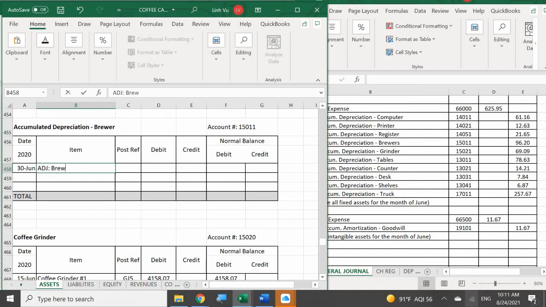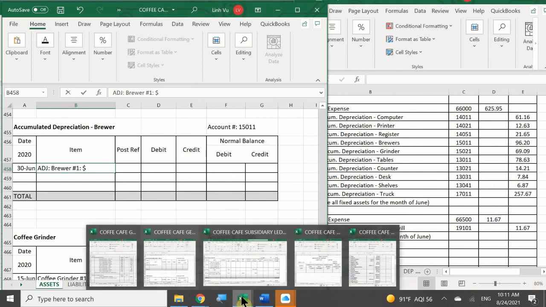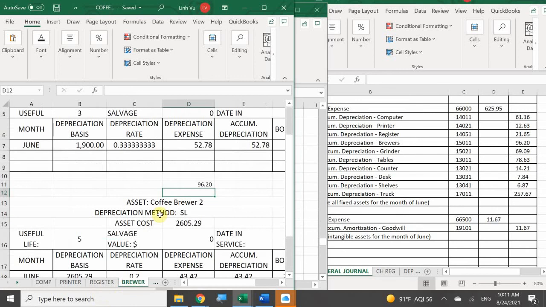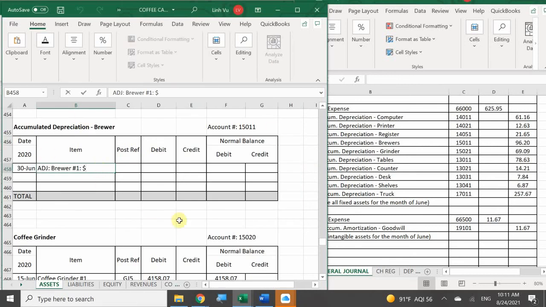Brewer number 1 was $52.78, while brewer number 2 was $43.42.